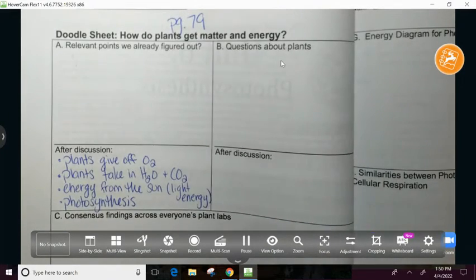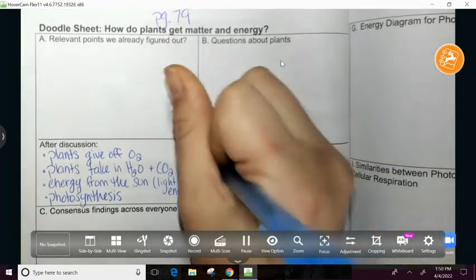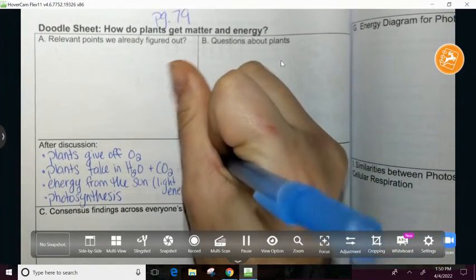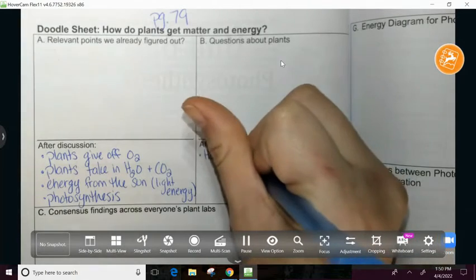Then any questions we still have about plants is maybe how do plants use oxygen? Because remember, they do cellular respiration, or they respire still. So they do take in oxygen, but how do they use it?